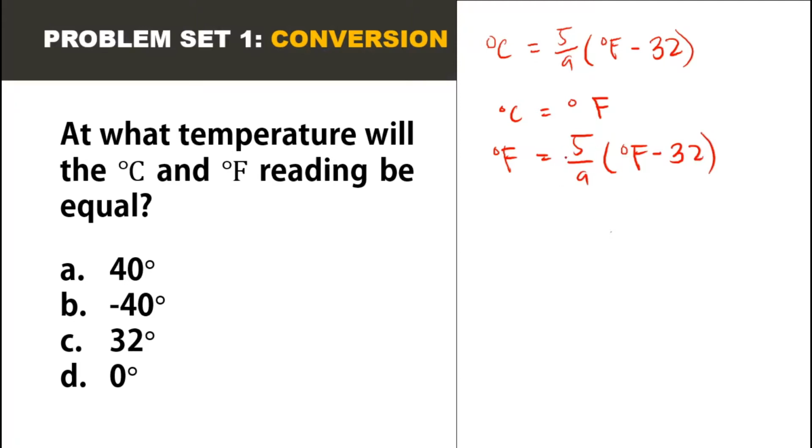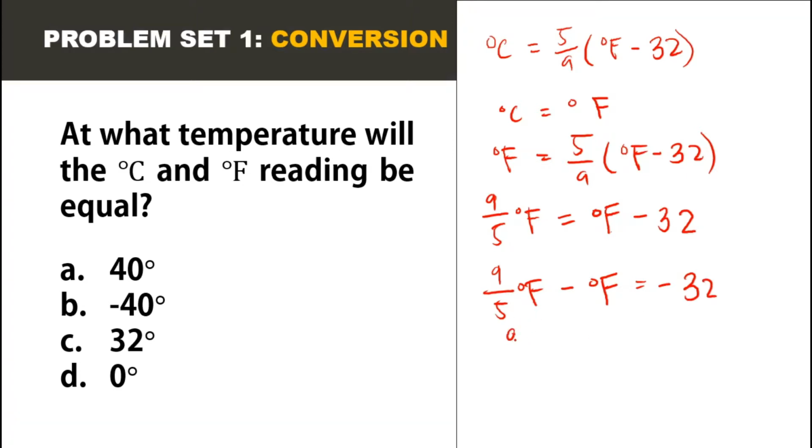We can cancel this 5/9 on the other side by multiplying 9/5 to both sides. We have 9/5 degrees Fahrenheit is equal to degrees Fahrenheit minus 32. We can subtract degrees Fahrenheit from both sides. We have 9/5 degrees Fahrenheit minus degrees Fahrenheit is equal to negative 32.